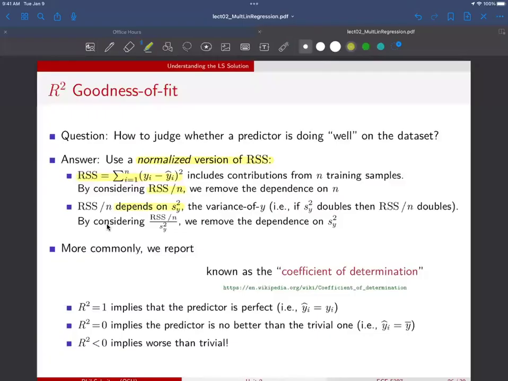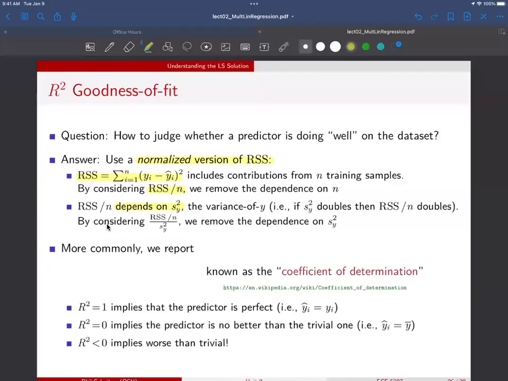So maybe in some data set, someone gave you the data in some units that made the Y values large, and now their variance is also going to be large. And so that is also going to make the RSS not really interpretable. Even this normalized RSS is not going to be very interpretable.